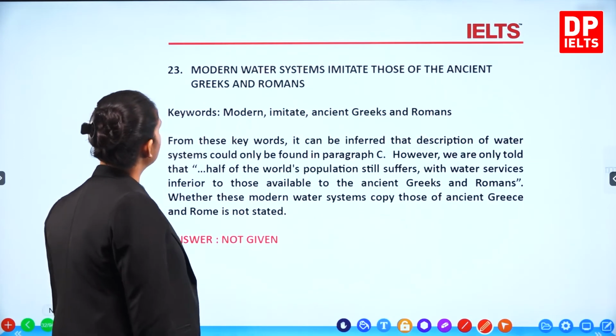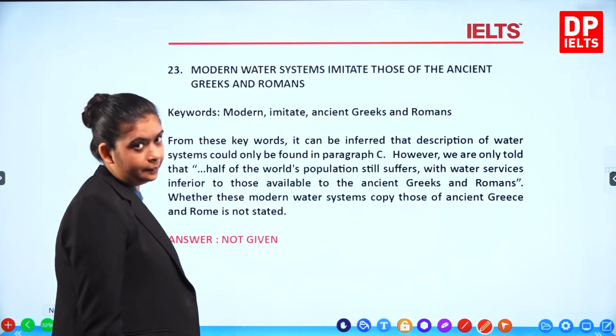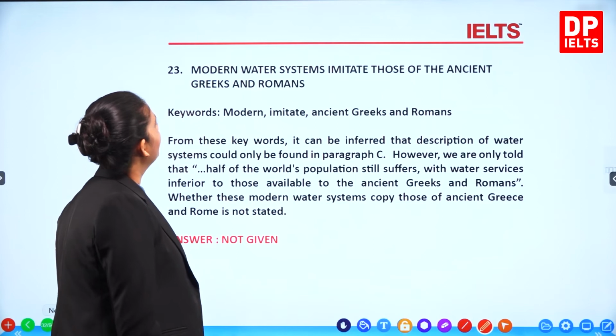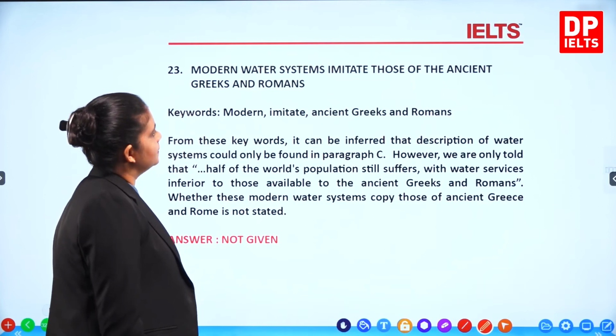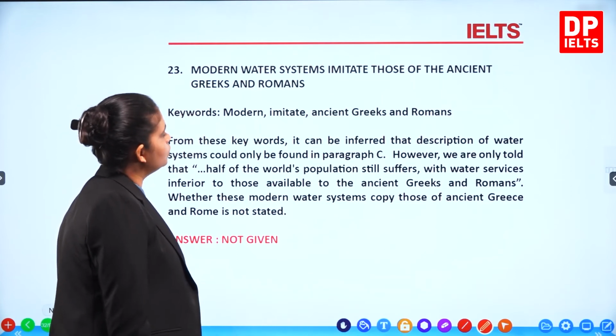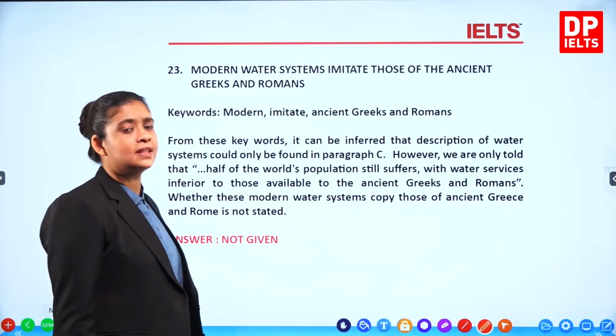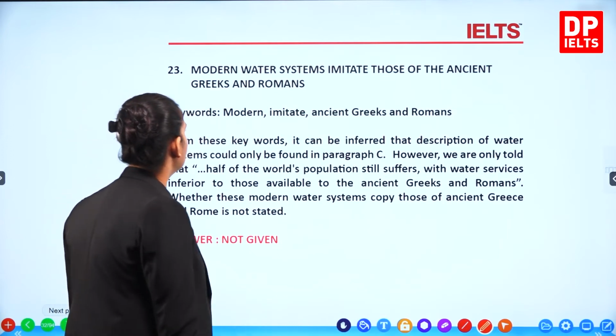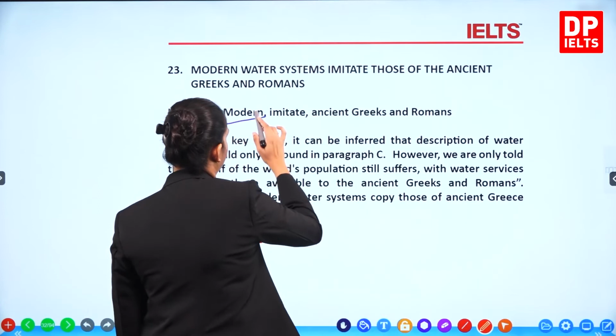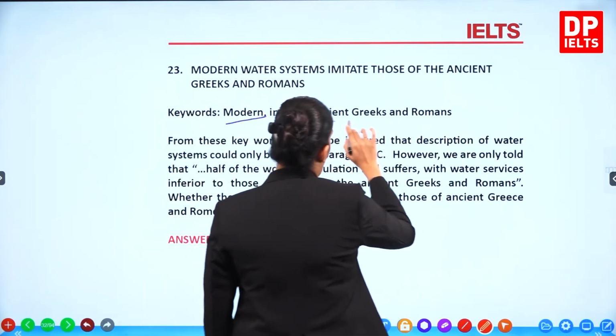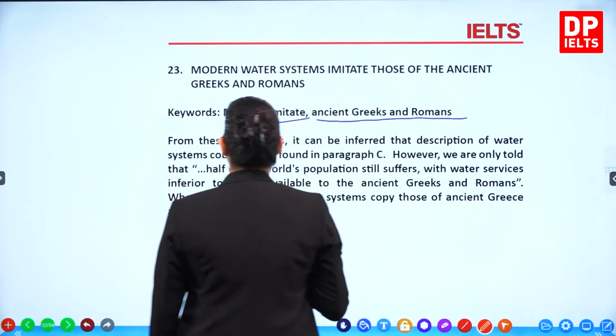Right. Question number 23. Modern water systems imitate those of the ancient Greeks and Romans. What are the keywords? Modern, imitate, ancient Greeks and Romans.